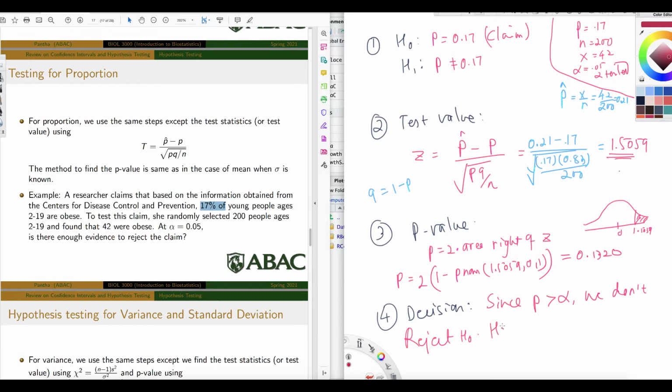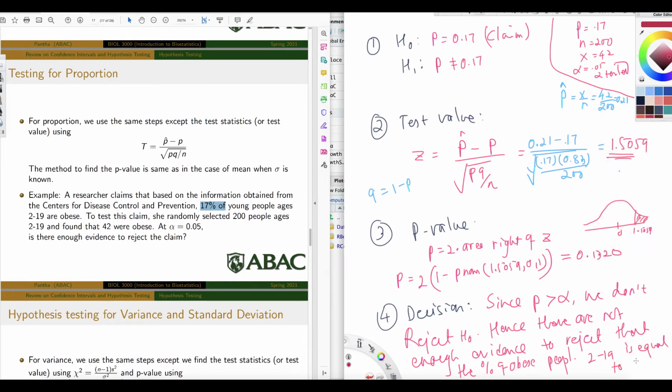So hence there is not enough evidence to reject that the percentage of obese kids or people in the age group 2 to 19 is equal to 17%.